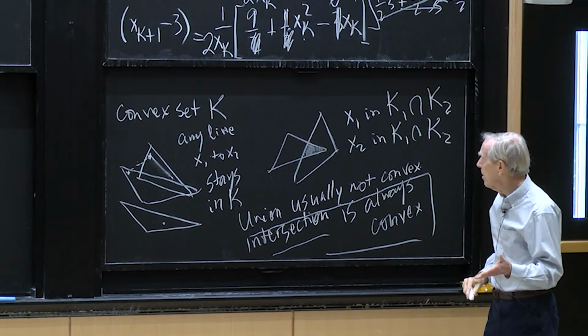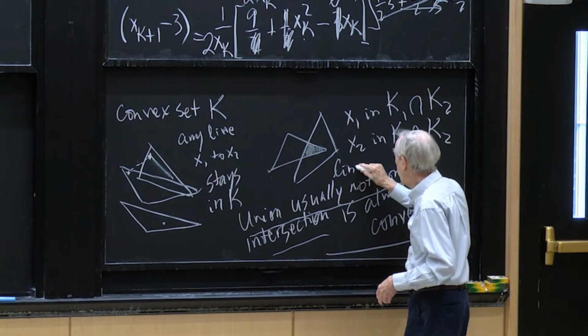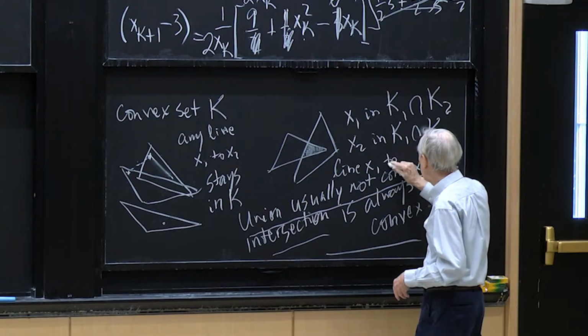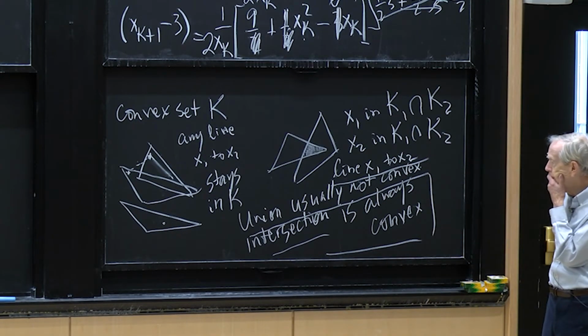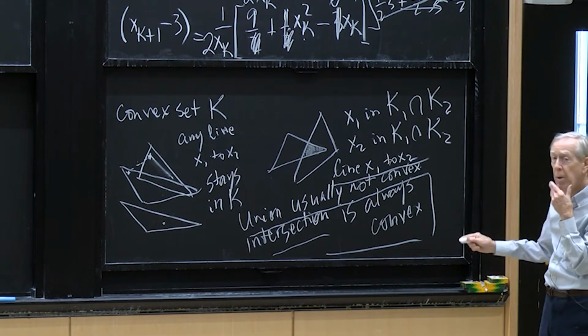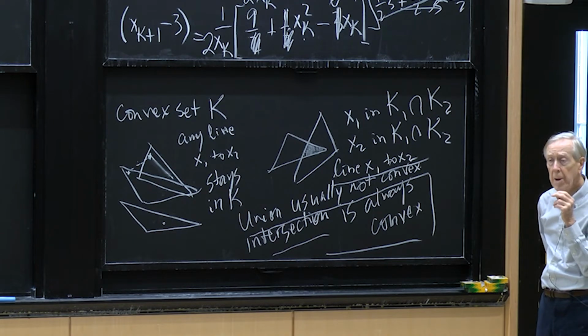Now we want to look at the line from x1 to x2. Is that fully in K1? Why is it fully in K1?